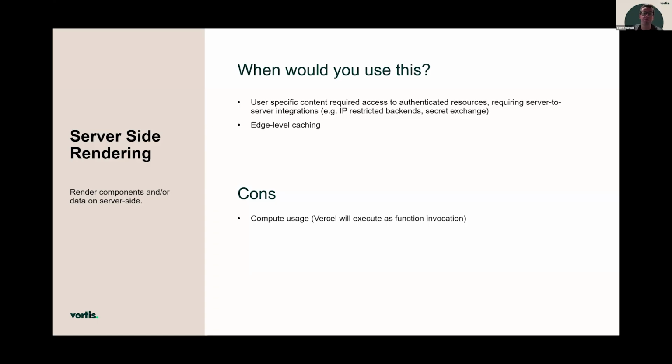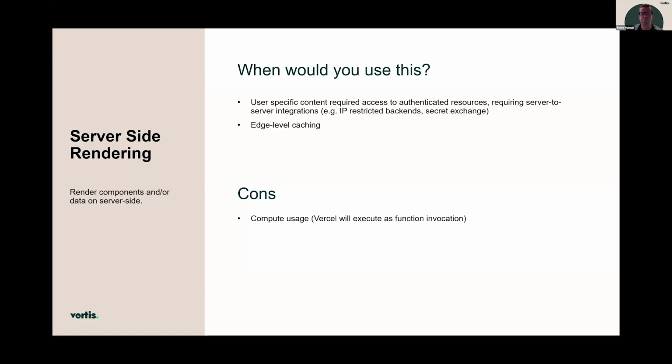And you can also still apply edge level caching as well, right? So if you want to cache that output, you can also do that. If you have a particular use case where you don't want to use static site generation, you can still use server-side rendering and then cache that data as well. It's also a possibility. I couldn't find too many cons, but it may increase the compute usage you may have in Vercel.